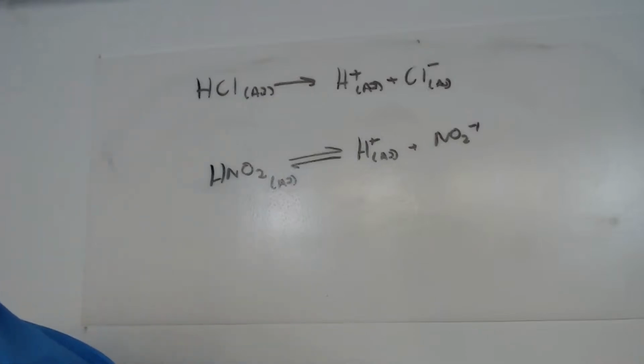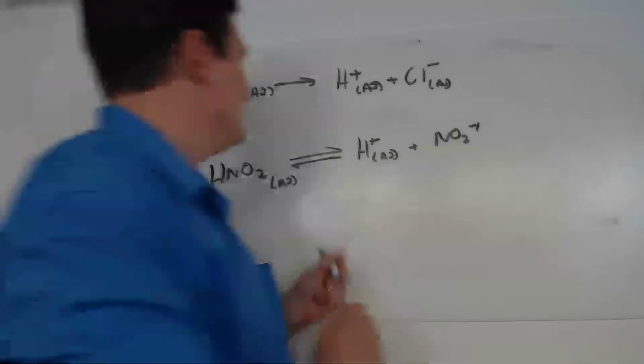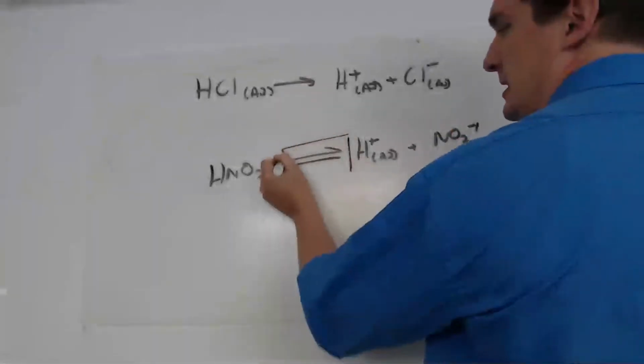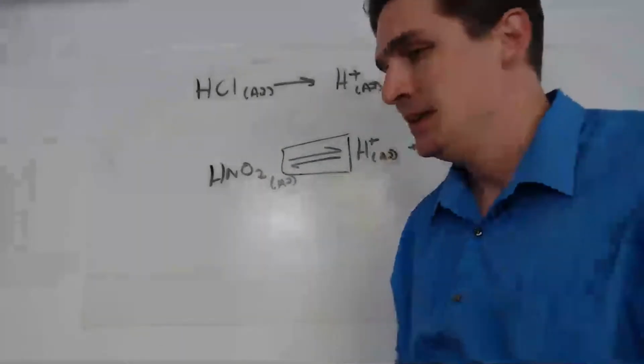Of course, now I can't see the chat window. There you go. Elijah got it, so did Abby. The thing here is, your weak acids and bases are reversible, whereas your strong acids and bases are not.